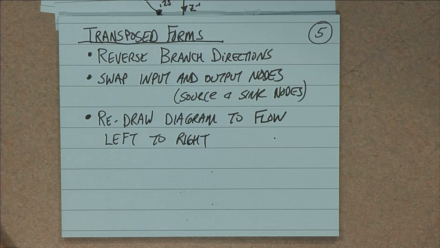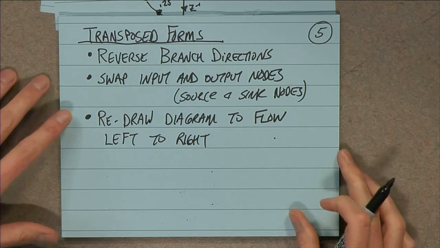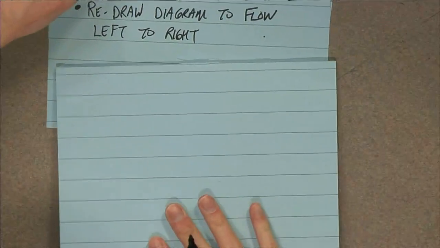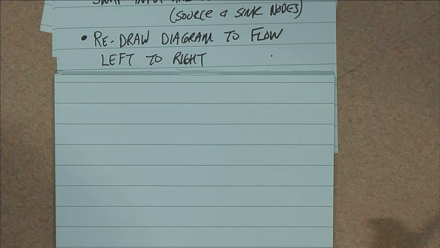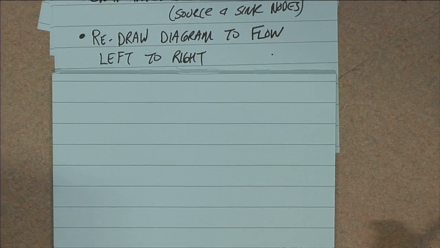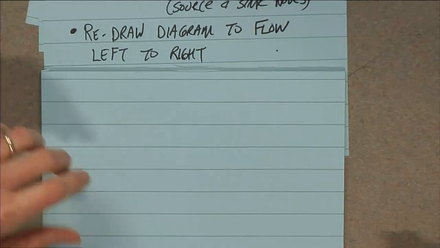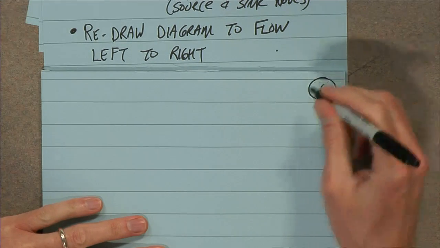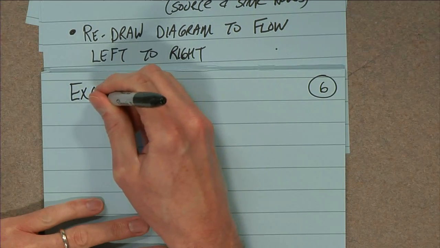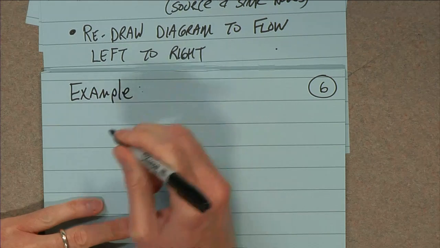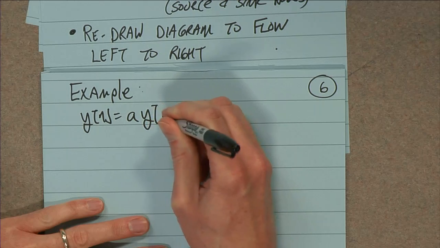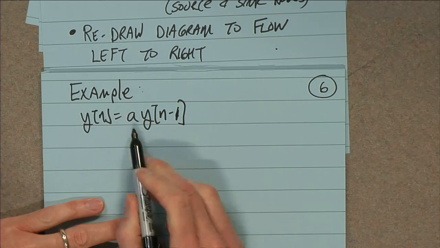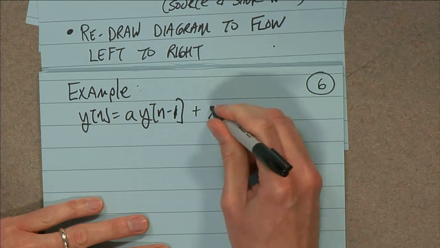To give you a feel for this, we'll do one quick example and then show a result. So for our example, let's use a pretty simple recursive filter. So y of n is a times y of n minus 1 plus the input.